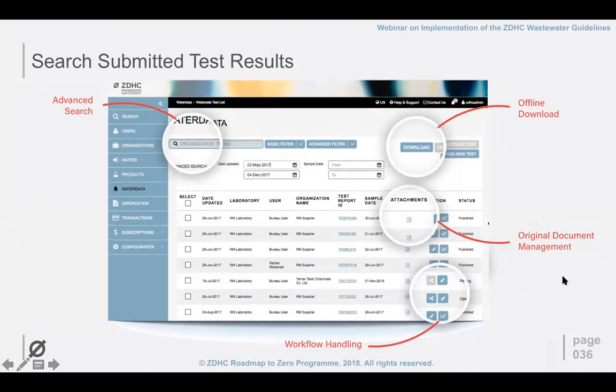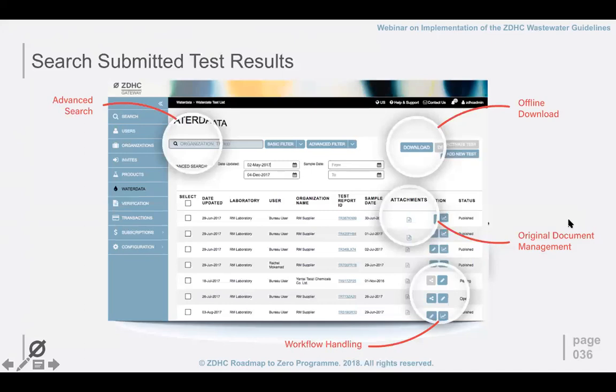As a brand, you can also search the test results of your supplier on the system. You could do it by typing the name of the factory or facility you work with into the search bar, or you could do it by filter, for example, whether the report has been accepted and published, and you could also apply other advanced filters such as the country where your factory is operating.